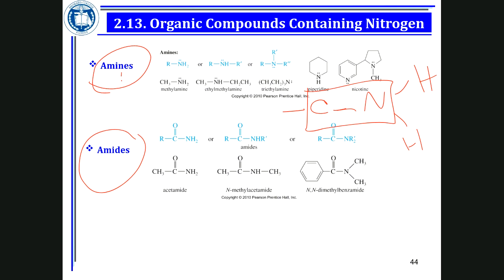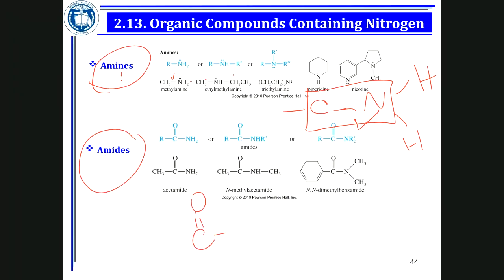So here is the carbon nitrogen, and in this case we have 2 carbon nitrogen, but you have to have at least 1 carbon nitrogen bond in order for your molecule to be classified as amine.